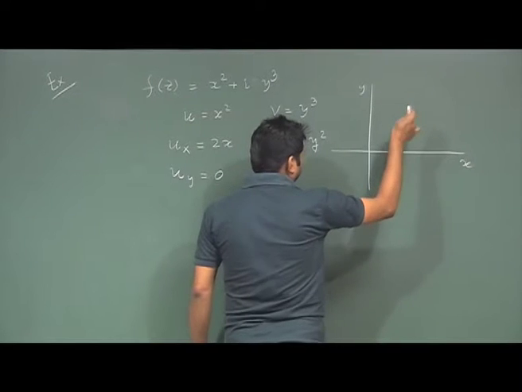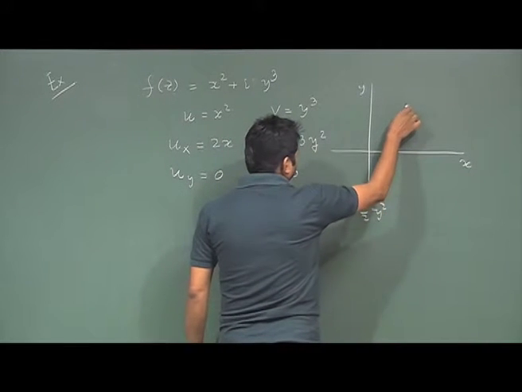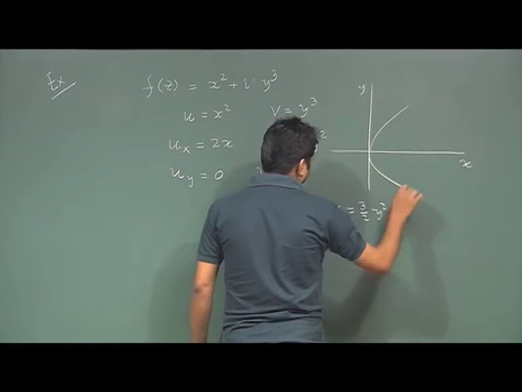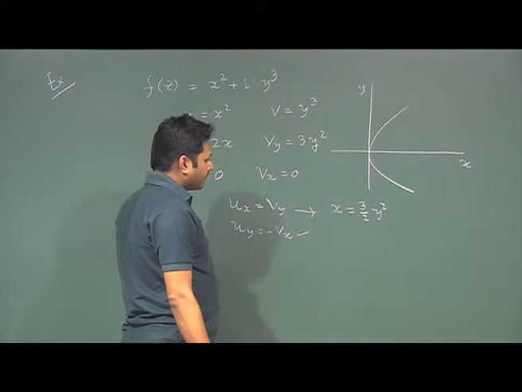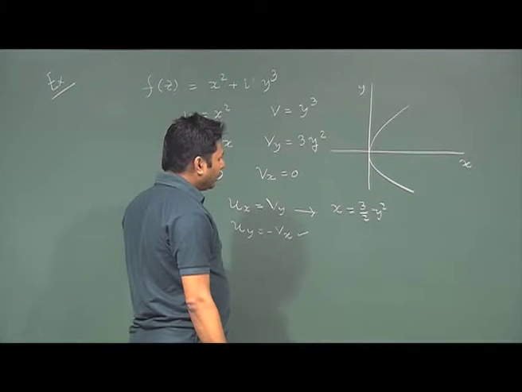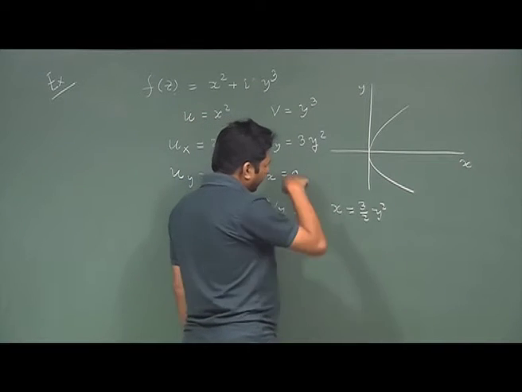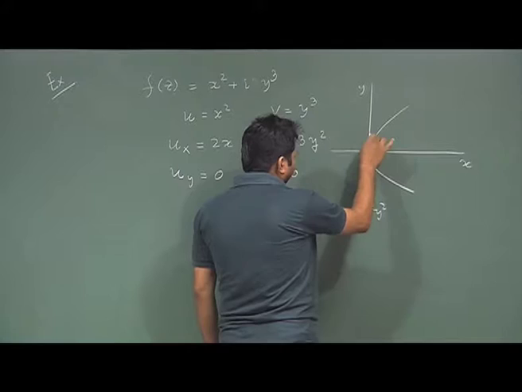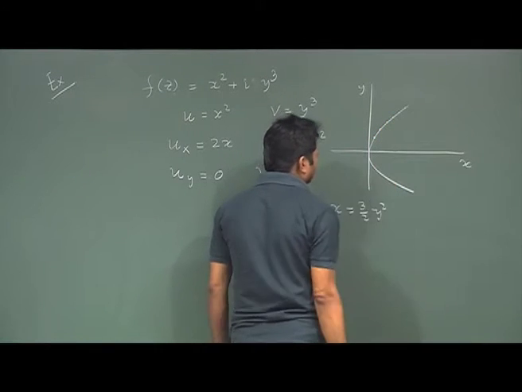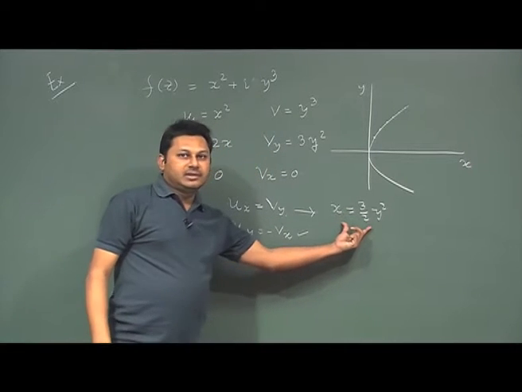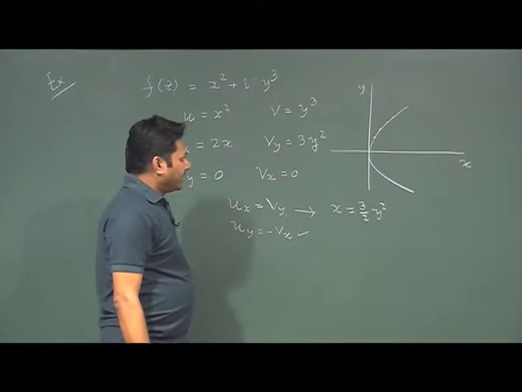I should have some kind of parabola like this. So, if I have a parabola like this where these points are following the rule followed by this equation, then what happened?